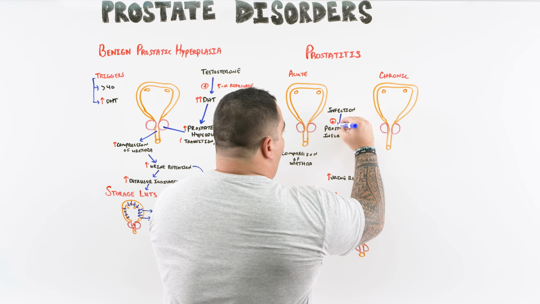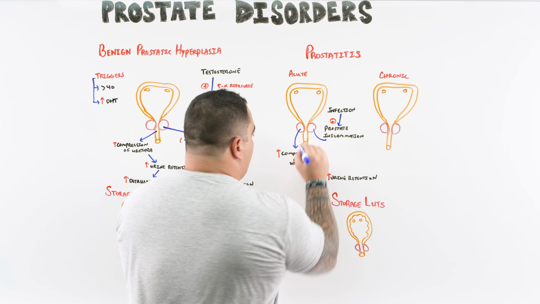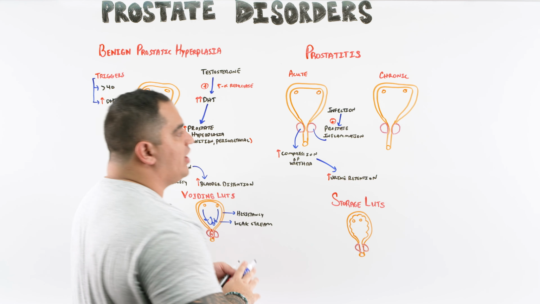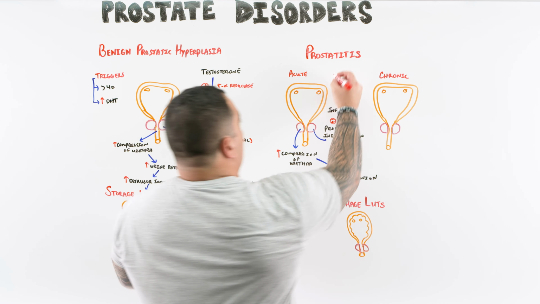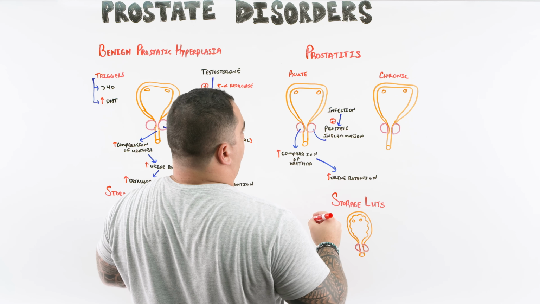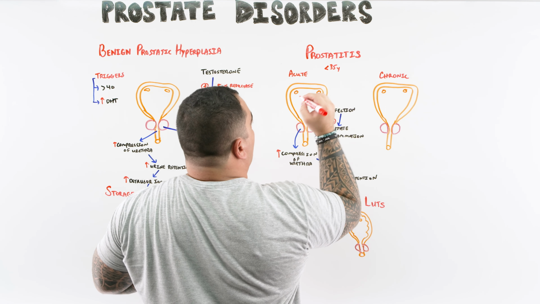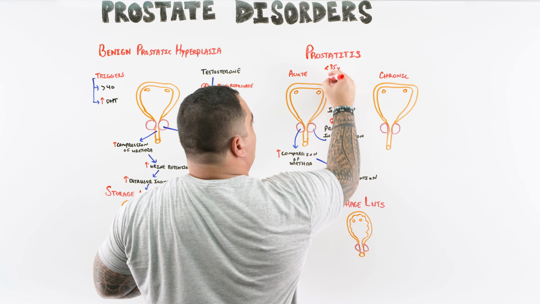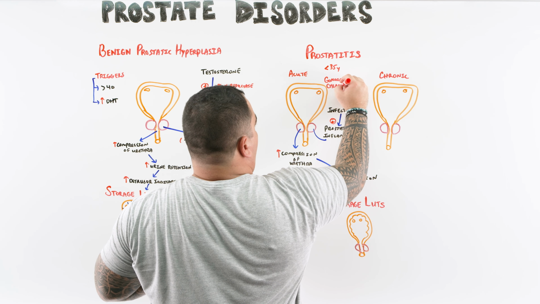The question that arises here is, what is actually the trigger for these infections? There are a couple of different types. So here's what I want you to remember. If the patient is less than 35 years of age, the most common cause is usually gonorrhea or chlamydia.